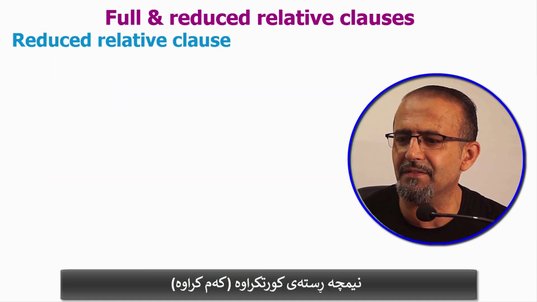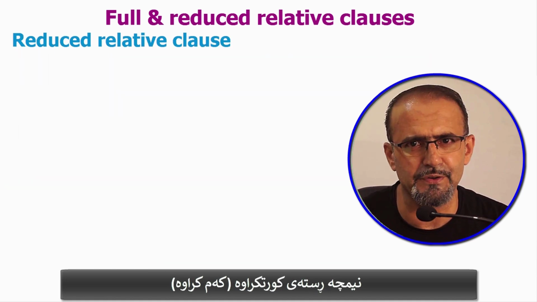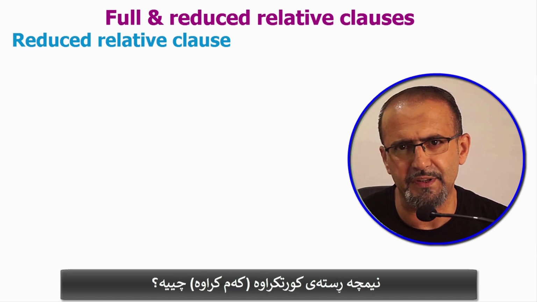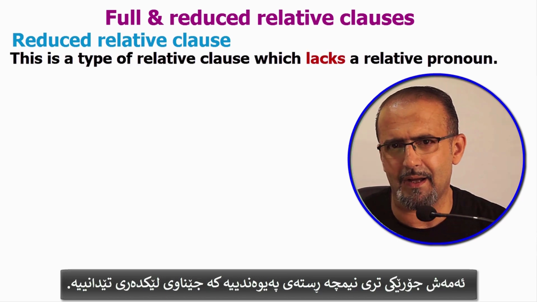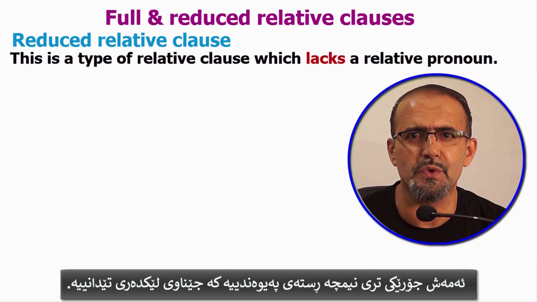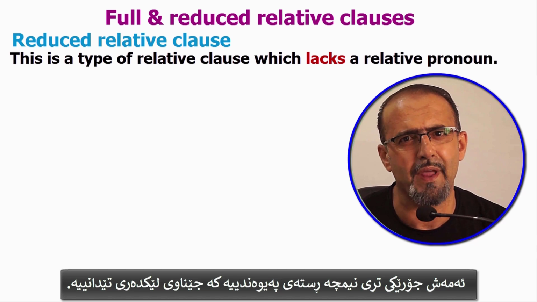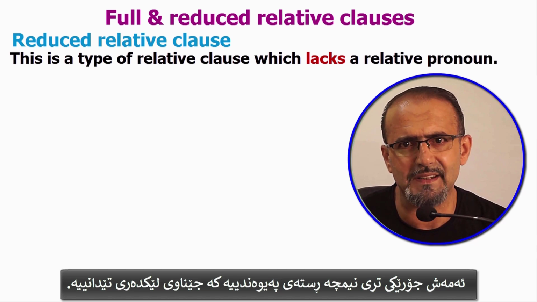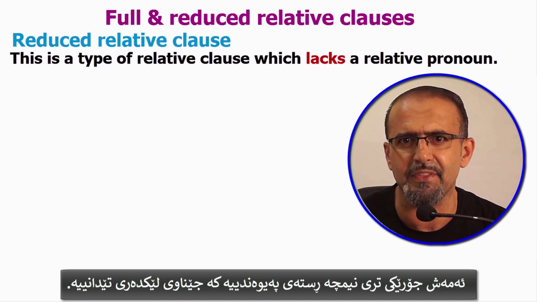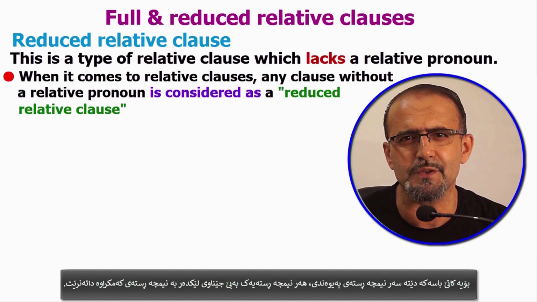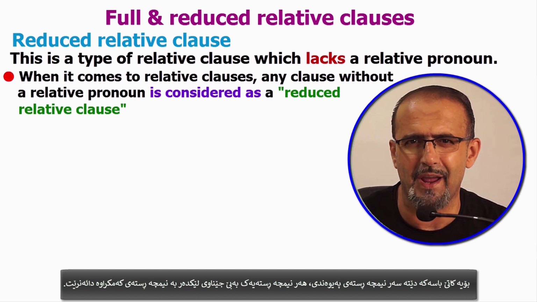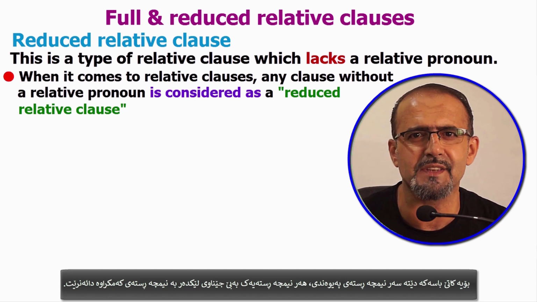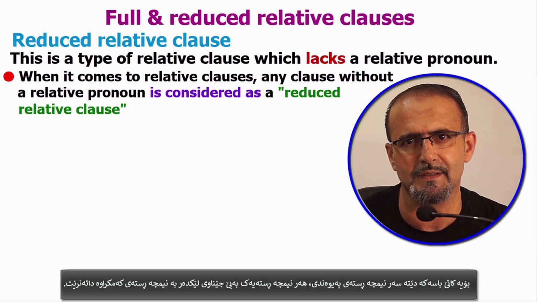Reduced relative clause. So, what's a reduced relative clause? Well, this is a type of relative clause which lacks a relative pronoun. Lacks means to not have something. So, when it comes to a relative clause, any clause without a relative pronoun is considered a reduced relative clause.